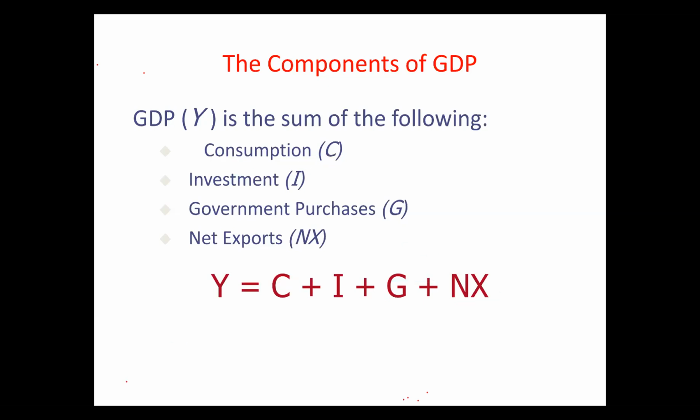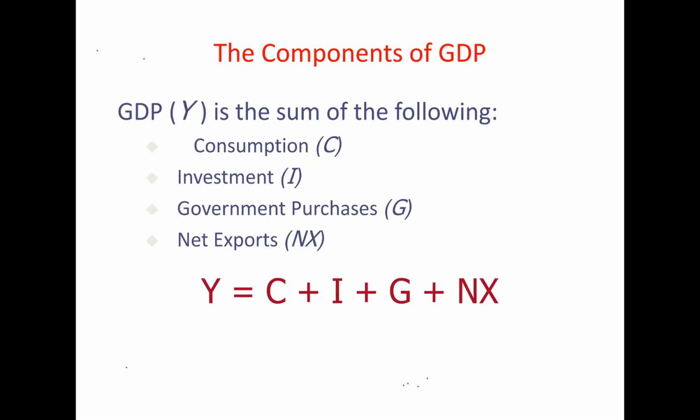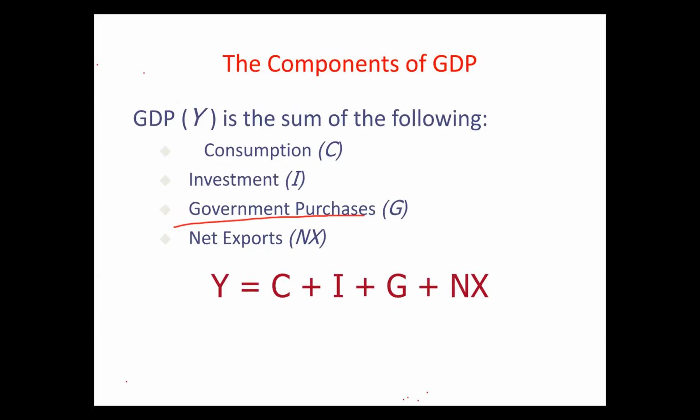Kindly go back on the government purchases. Oh, government purchases. With the government purchases, we are talking about the things that the government has bought. There are some things that the government buys from companies, even from individuals.